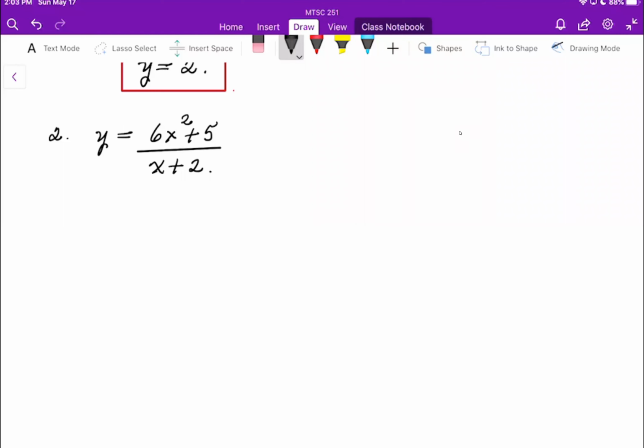So we're going to use long division, just like we did back in college algebra. We're going to divide this into 6x squared. We must remember to put in the x term, which is 0x, plus 5.